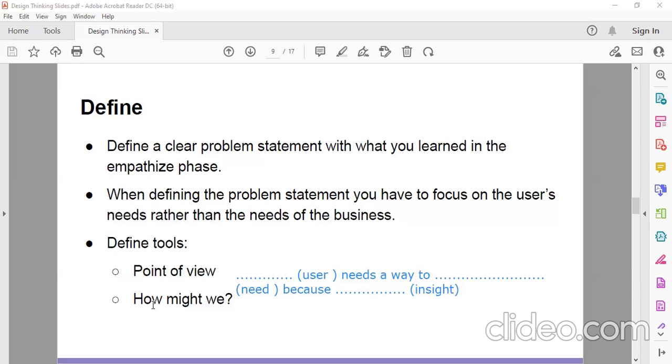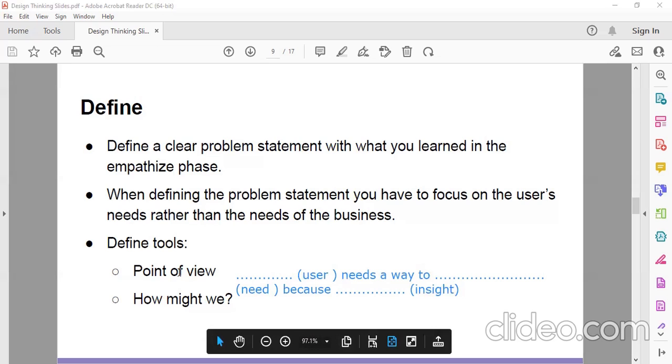Then we have the how might we tool. So this how might we tool is a short question type of thing. So it actually helps you to brainstorm. You can start with a point of view and come to this how might we tool, right?